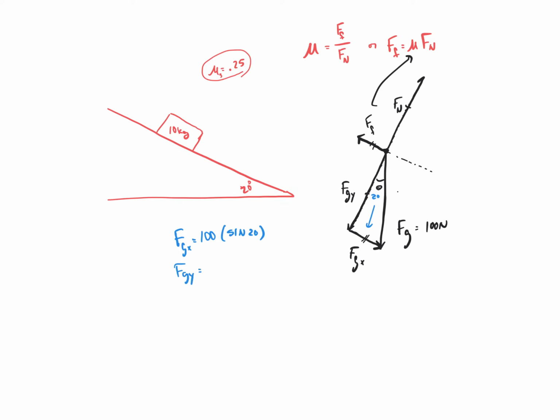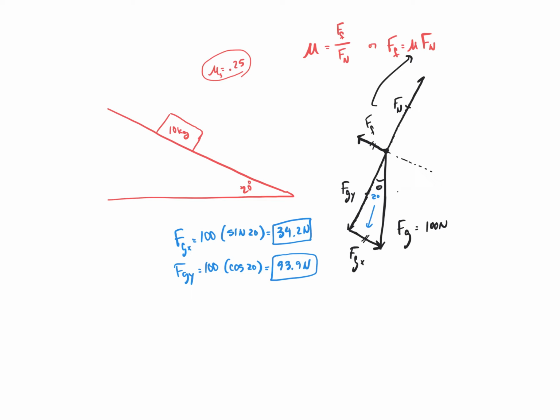FGY then is equal to 100 cosine 20. So now I've done my little calculation here, and these two numbers are my FGX, FGY.